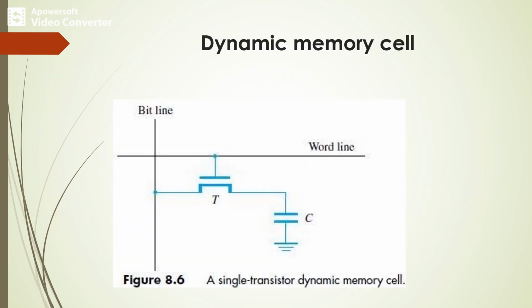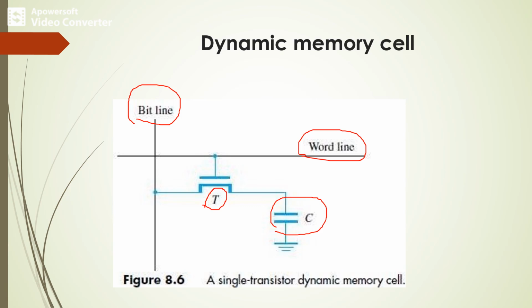The diagram shows the dynamic memory cell. It consists of a bit line as well as a word line. To the bit line and word line, a single transistor is connected, and to that a capacitor is also connected. So we can observe that a single DRAM cell has a capacitor C and a transistor T connected to the bit line and word line respectively.